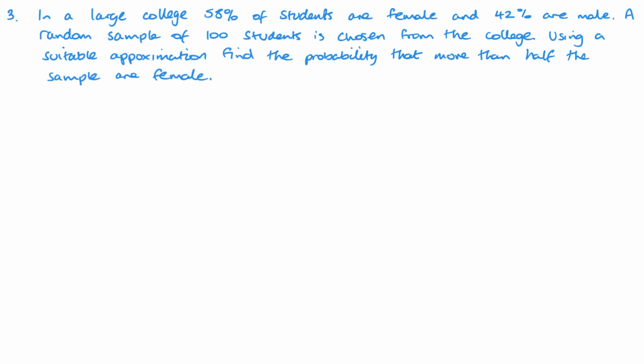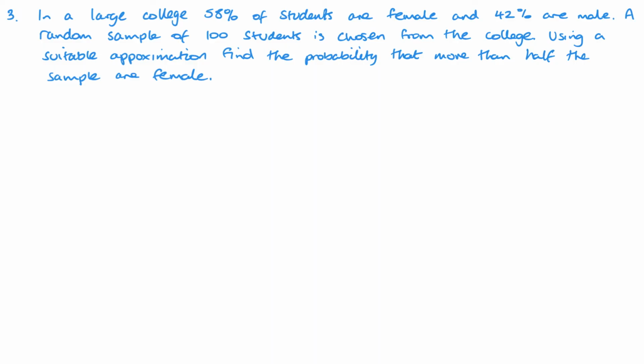So looking at this question, we can see that in a large college, 58% of students are female, 42% are male. A random sample of 100 students is chosen. So we've got a fixed probability, we've got a fixed number of trials. Using a suitable approximation, find the probability that more than half the sample are female.